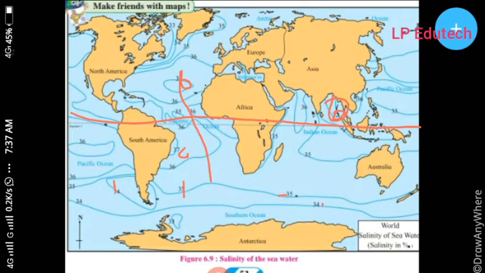So the Atlantic Ocean has a salinity of more than 37%. What are the reasons for the difference in salinity on a global level? It is the uneven distribution of temperature on the earth and the uneven supply of fresh water. These two factors are responsible for the difference in salinity on the global level.